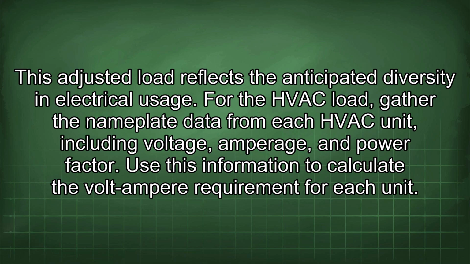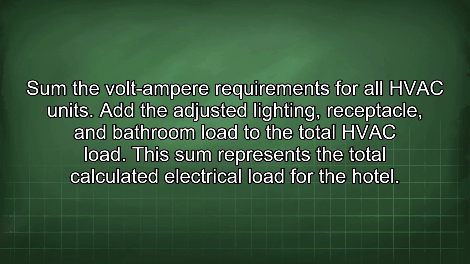For the HVAC load, gather the nameplate data from each HVAC unit, including voltage, amperage, and power factor. Use this information to calculate the volt-ampere requirement for each unit. Sum the volt-ampere requirements for all HVAC units. Add the adjusted lighting, receptacle, and bathroom load to the total HVAC load.